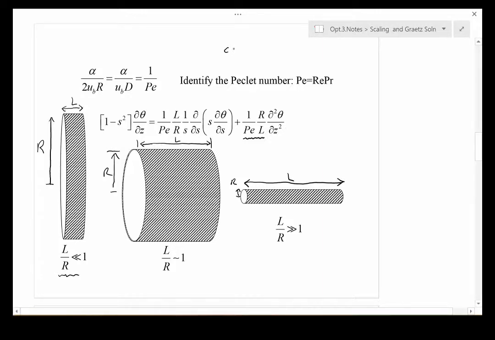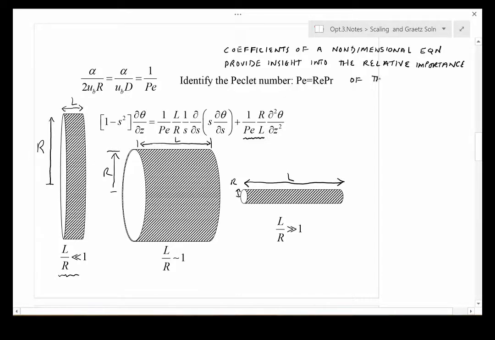Coefficients of a non-dimensional equation provide insight into the relative importance of the physics of the term that they correspond to.